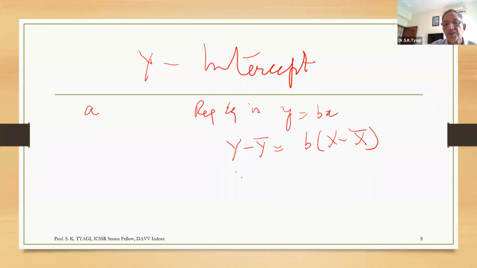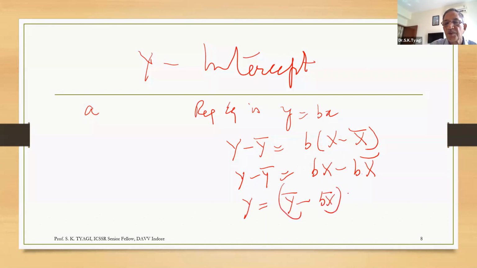Now y minus y bar is equal to b times x minus x bar. I have distributed it. Now I take y bar to this side: y is equal to y bar minus b x bar plus bx.